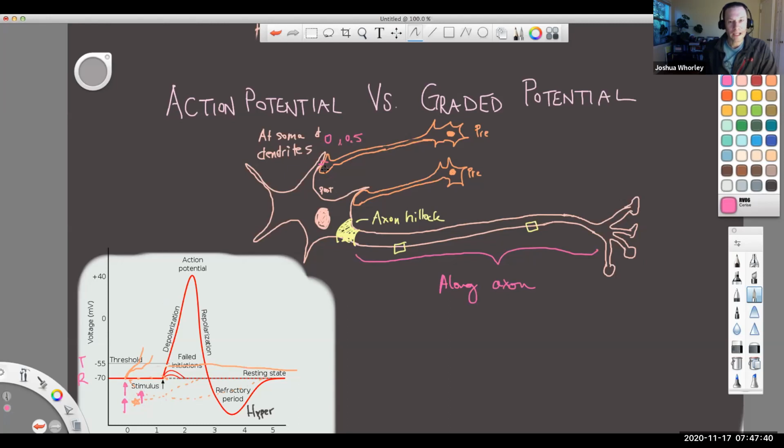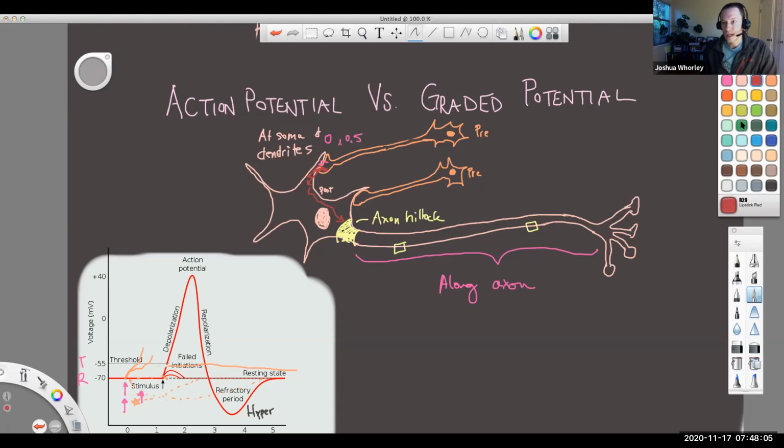Well, that might lead to, let's say it's sodium, an influx of enough sodium, even though they're separated by a little bit of time, that by the time that graded potential diffuses all the way to the axon hillock, it raises the membrane potential right here at the axon hillock to threshold.